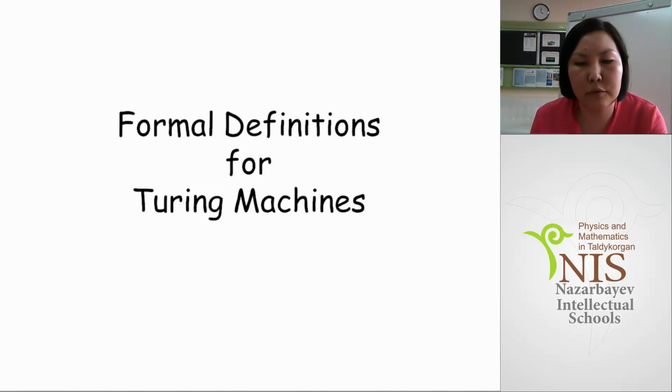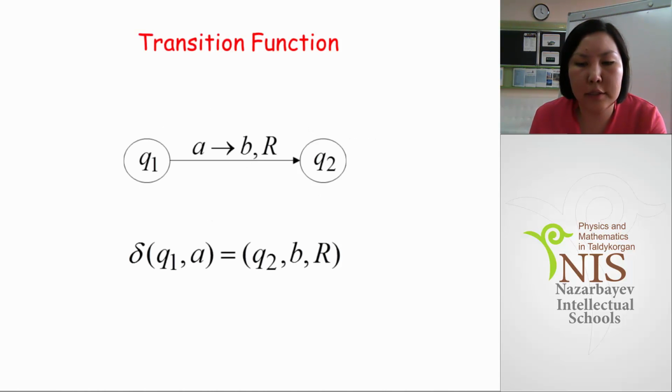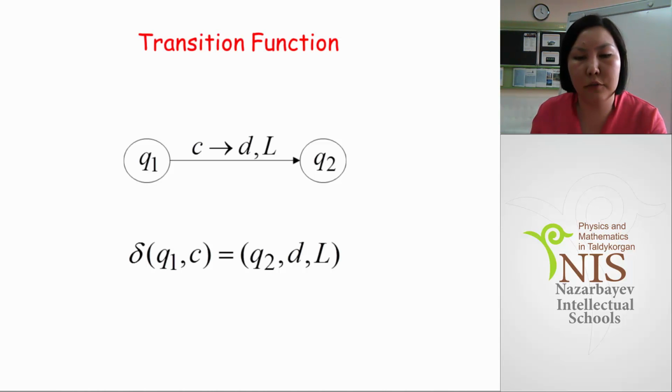Formal definitions for Turing machines. Transition functions can be written not only in a diagram form, but also in a formal transition, like the one given below. You can see that the first function, sigma q1, c, gives the initial state and initial symbol.